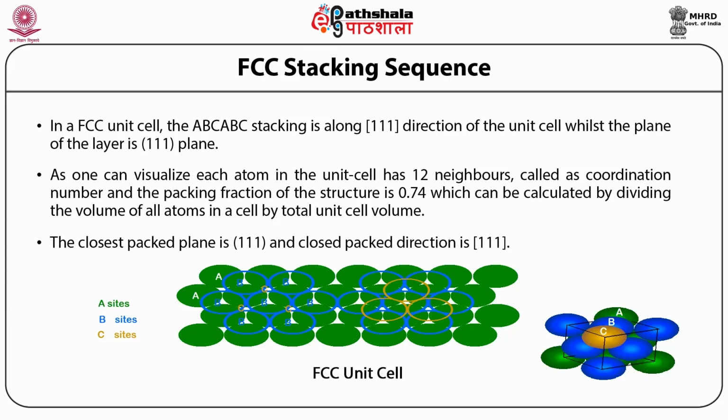The closest packed plane is (111) and the close packed direction is [110]. The below diagram shows the schematic of the FCC unit cells, where different colors are shown just for illustration, otherwise all atoms are the same.